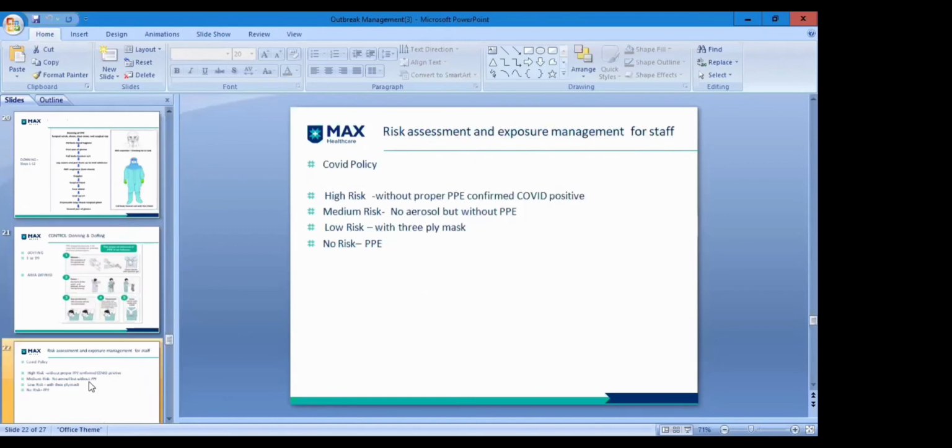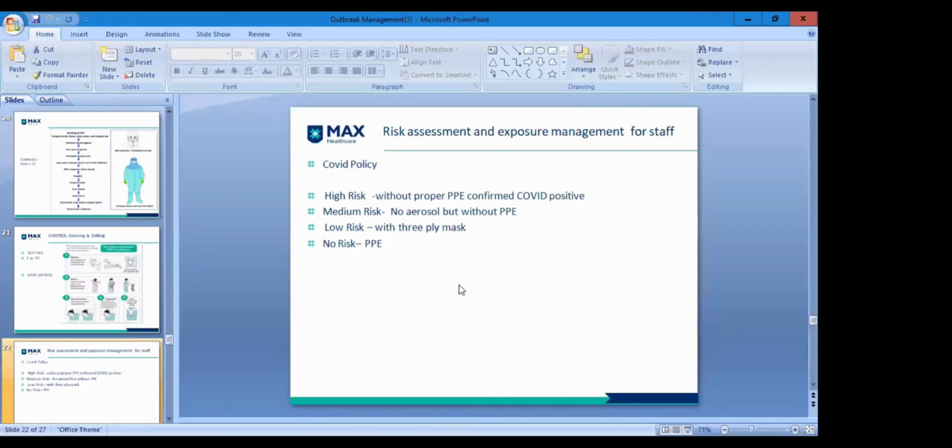The most important thing which I would like to suggest in this slide is that risk assessment was done for each and every staff member we were tracking. And we had a COVID policy, and there the risk was defined according to the exposures they had come under.